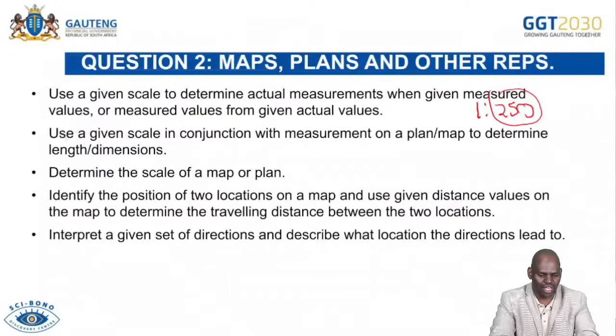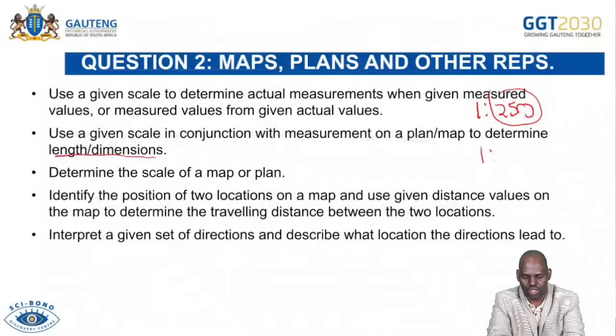Then they say use a given scale in conjunction with measurement on a plan to determine the length. Okay, so this one is almost the same as the previous one. We've got 1:250.